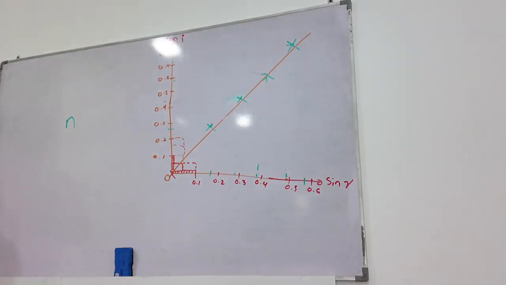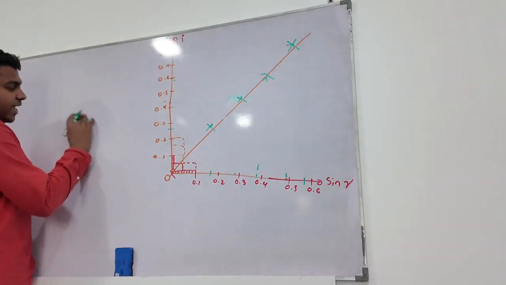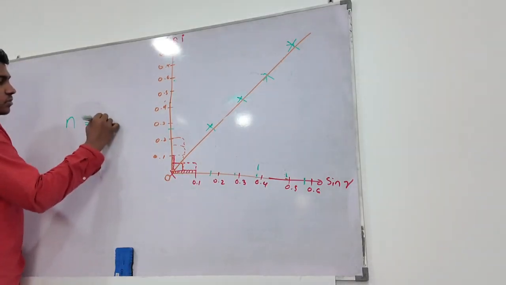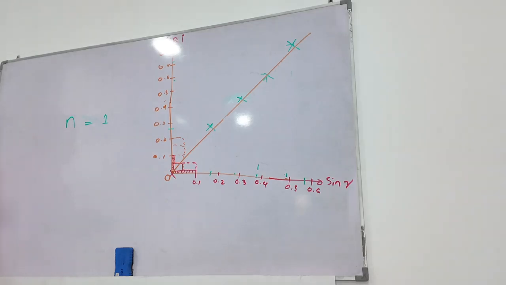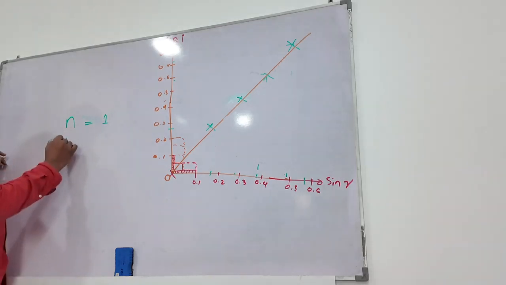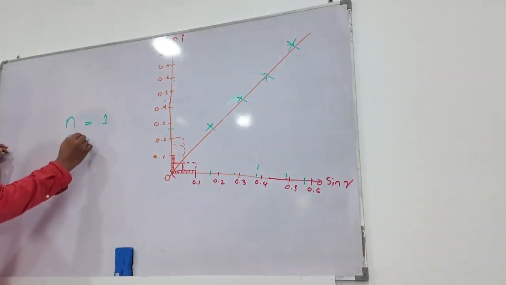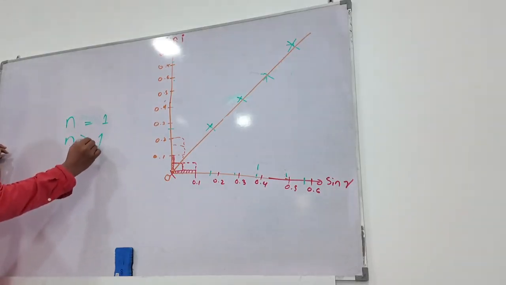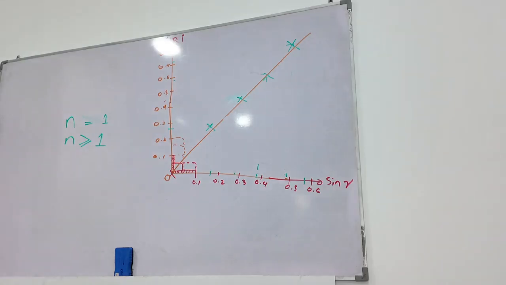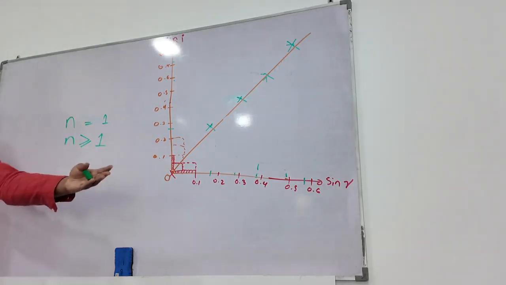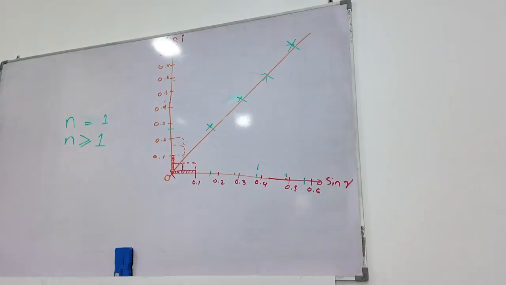So always remember, refractive index of air is 1, and we are measuring the refractive index of other media relative to air. So that means refractive index will always be greater than or equal to 1. It will be either the same as that of air or greater than air. It can't be less than 1. Never. Okay?